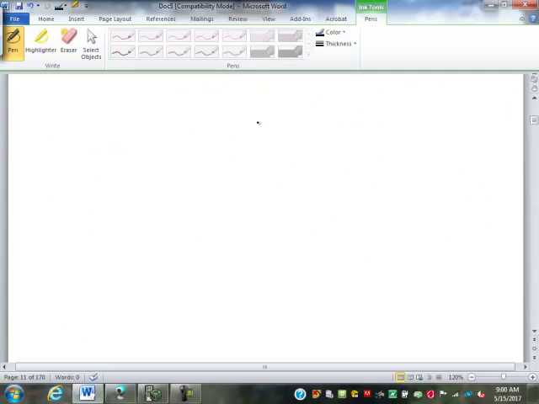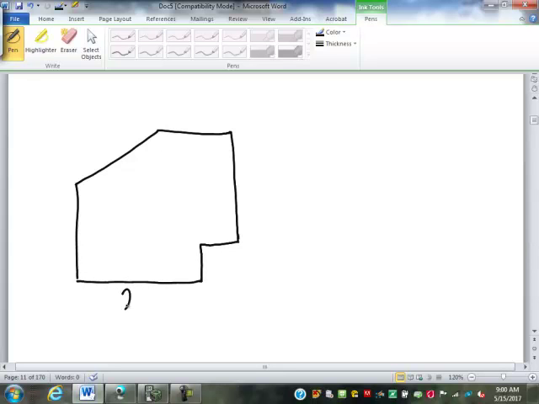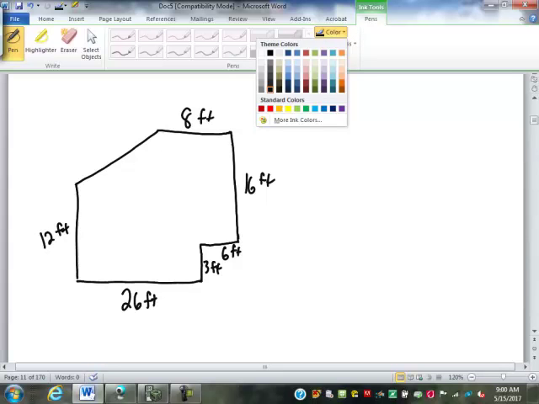I might give you something like this and ask you to find perimeter and area.